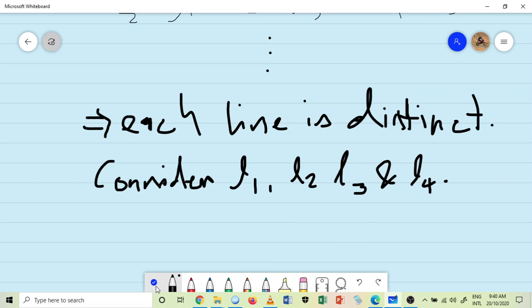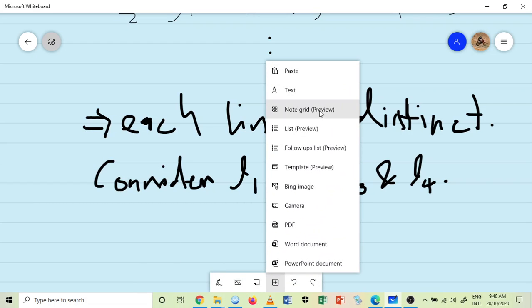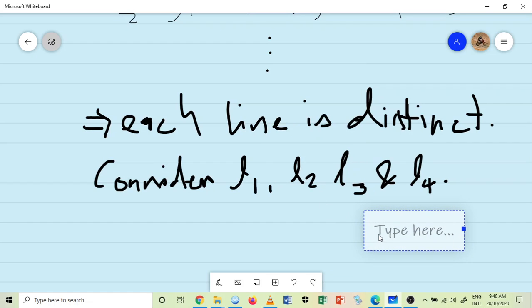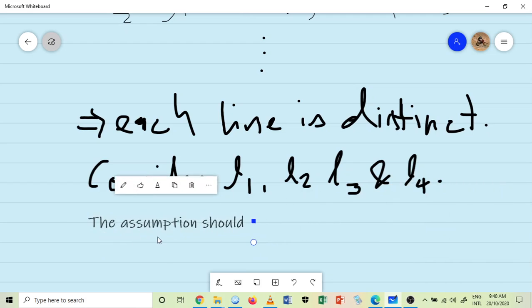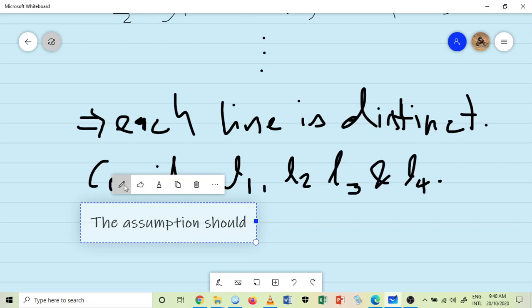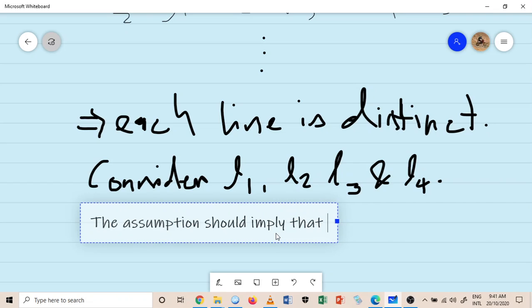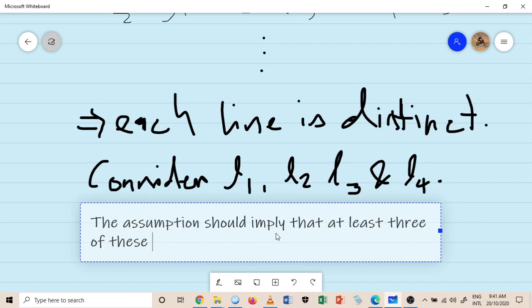The assumption should imply that at least 3 of them must be concurrent. There are 3 of them that contain a common point.